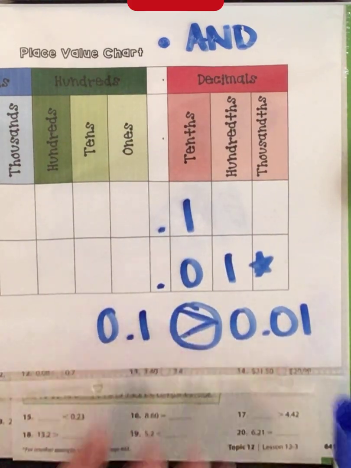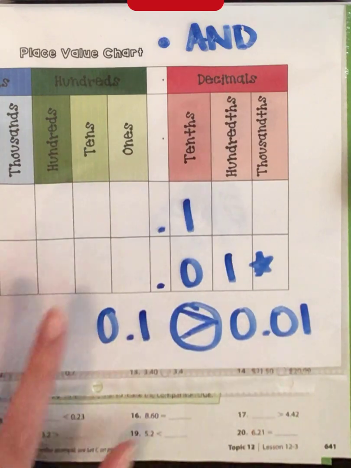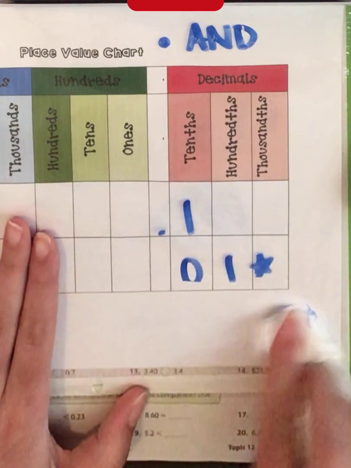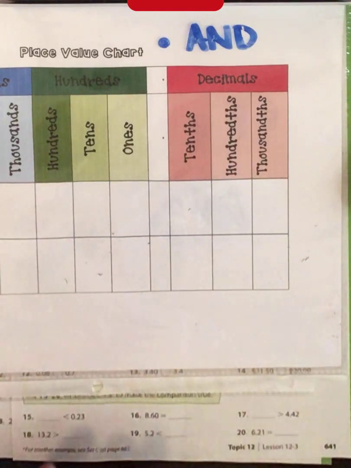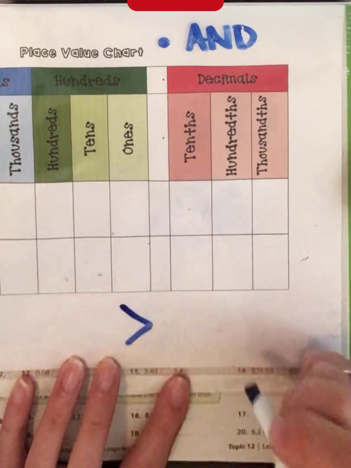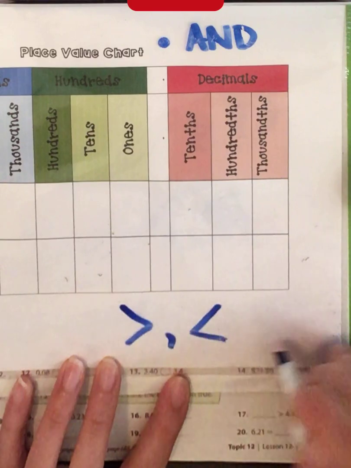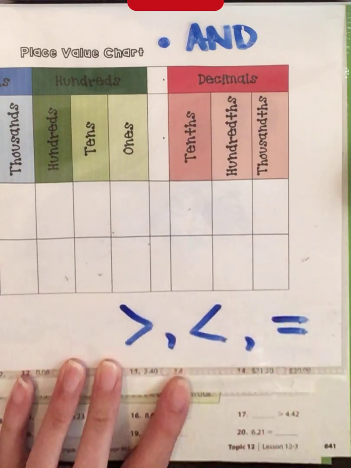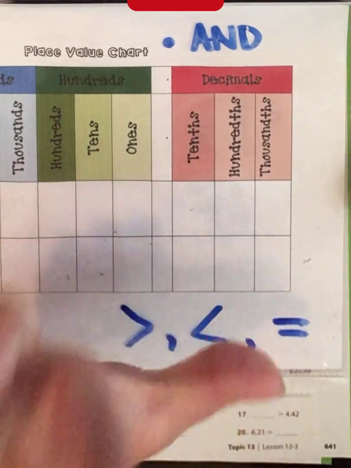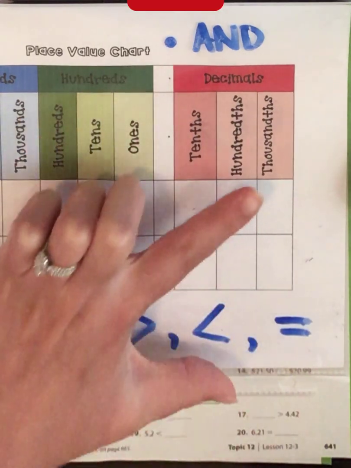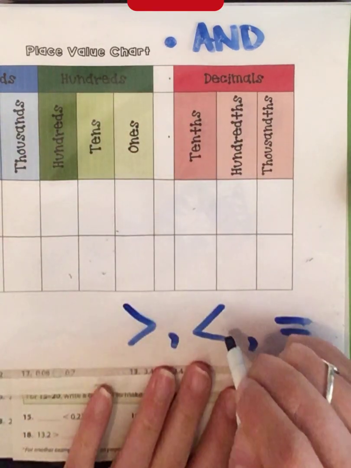When we talk about comparing, we're talking about using those signs: your greater than, your less than, and your equal to. Remember my trick? Your less than makes an L if you turn it.